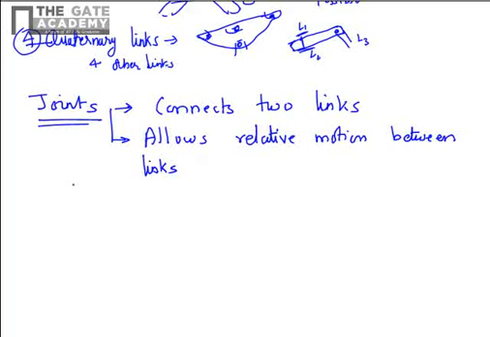So, if a joint is connecting two bodies, but it doesn't allow relative motion between these two bodies, then it can't be classified as a joint as per the mechanism definition. In this case, link 1 and link 2 will be a single link named L. However, if the joint allows relative motion, then it can be considered as a joint in the mechanism definition.